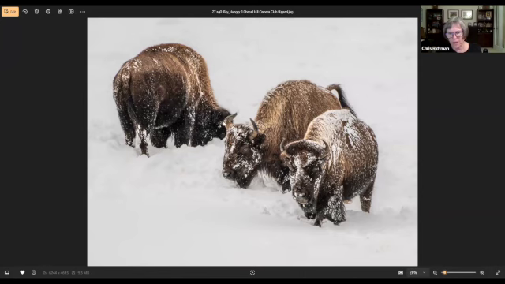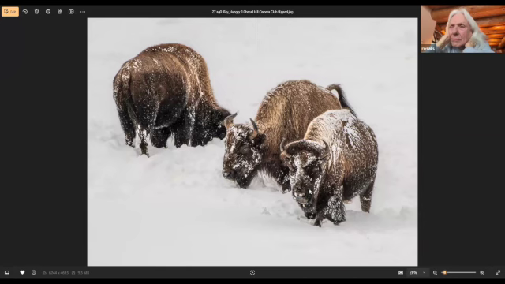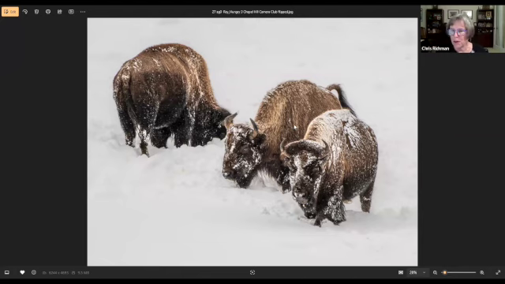And the diagonal of the composition now brings you down to these animals. And instead of landing on their butt, you really land on where I think the maker wanted our attention to go. So flipping your images is always a really interesting adventure. And I recommend you do it when you're not sure about your composition.